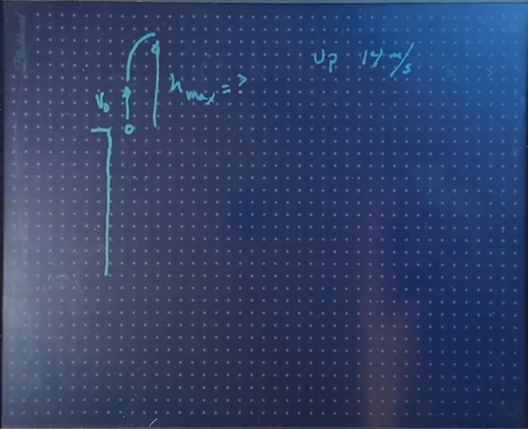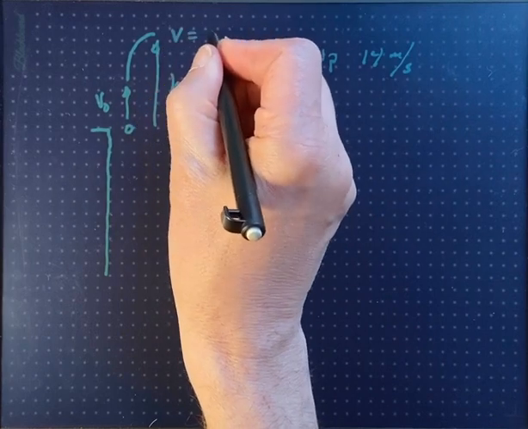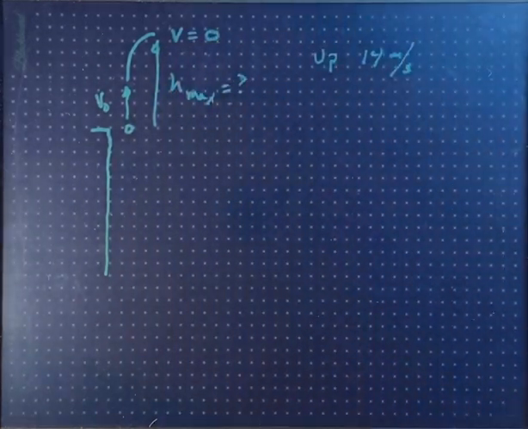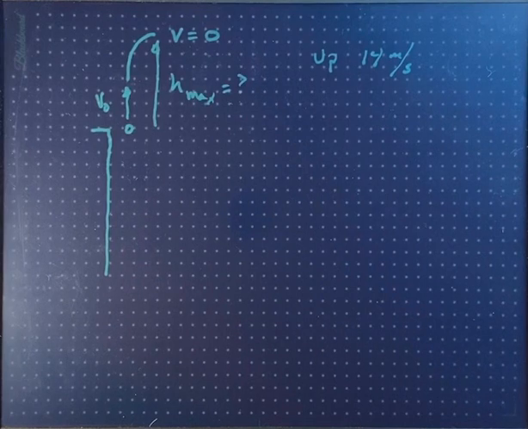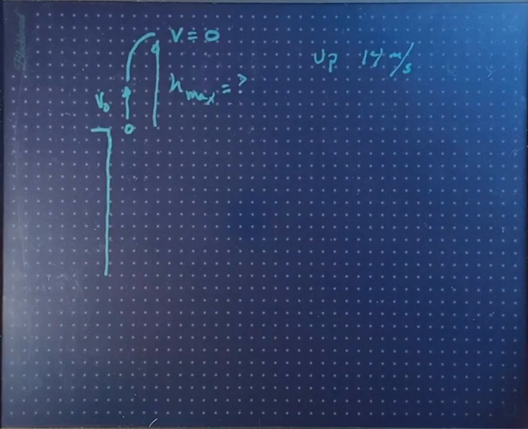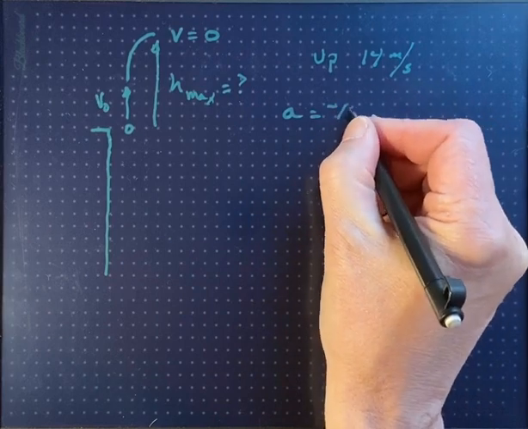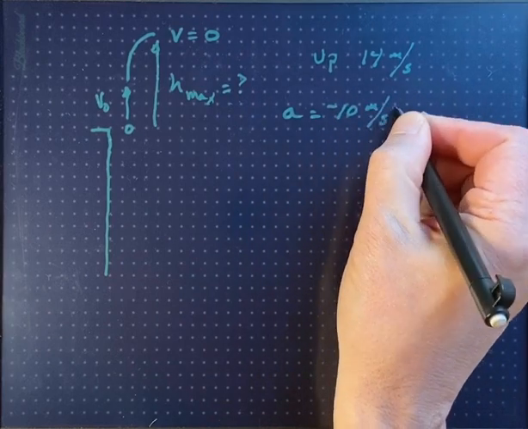Well, the trick to solving these is to realize that at the very top, the velocity of the ball is instantaneously 0. First, the ball is moving up, so its velocity is plus. Then it's moving down, so its velocity is minus. But at the maximum point, its velocity is 0. It's important to realize that the acceleration, however, is still minus 10 meters per second squared.